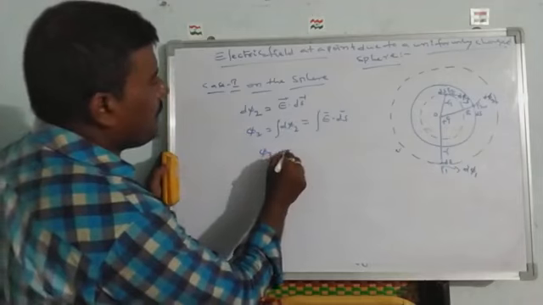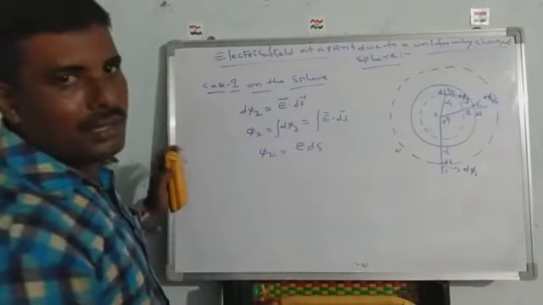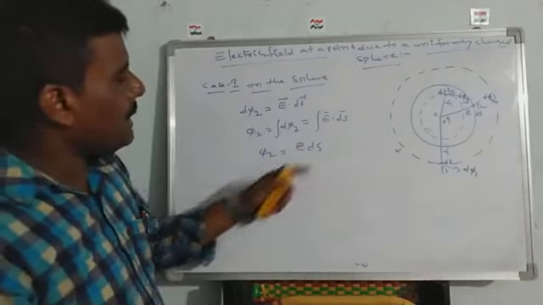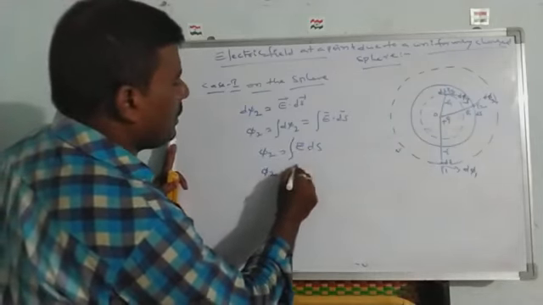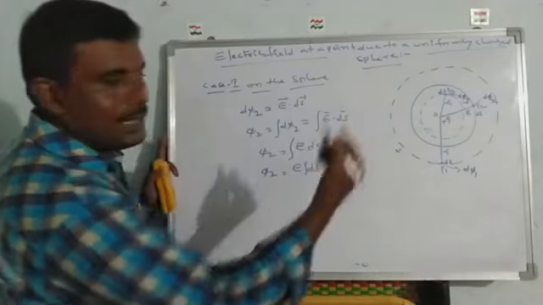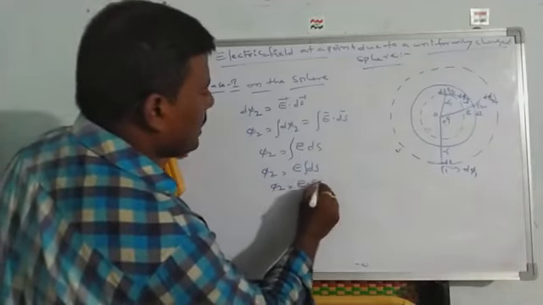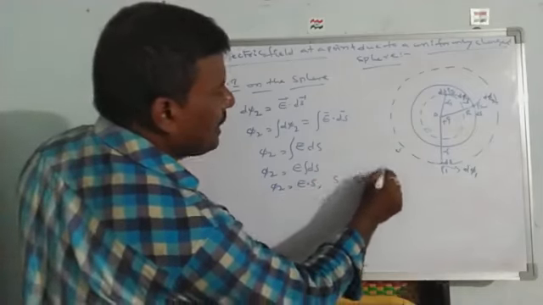That means phi 2 equals the integral of E ds cos theta. Here theta equals 0, so we get the integral of E ds. E is constant, and the integral of ds is the surface area S, so phi 2 equals E into S. S equals 4 pi into capital R square.